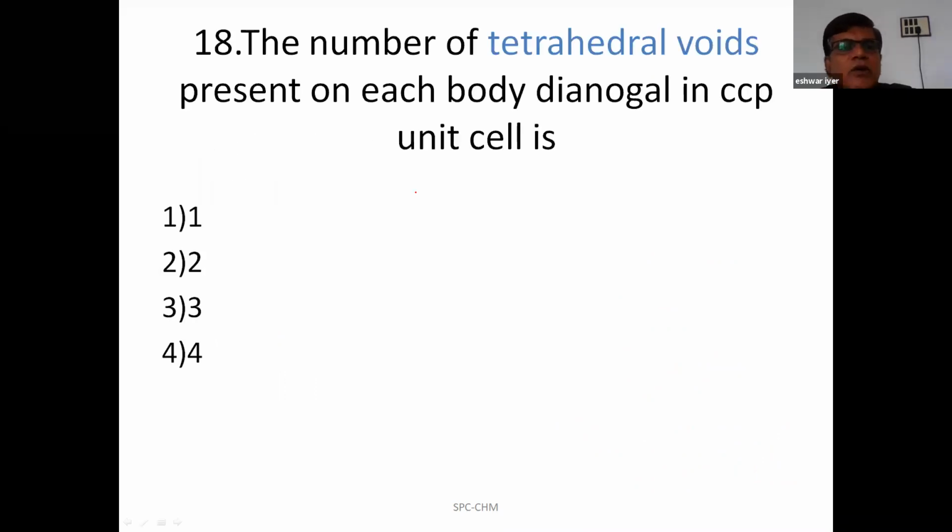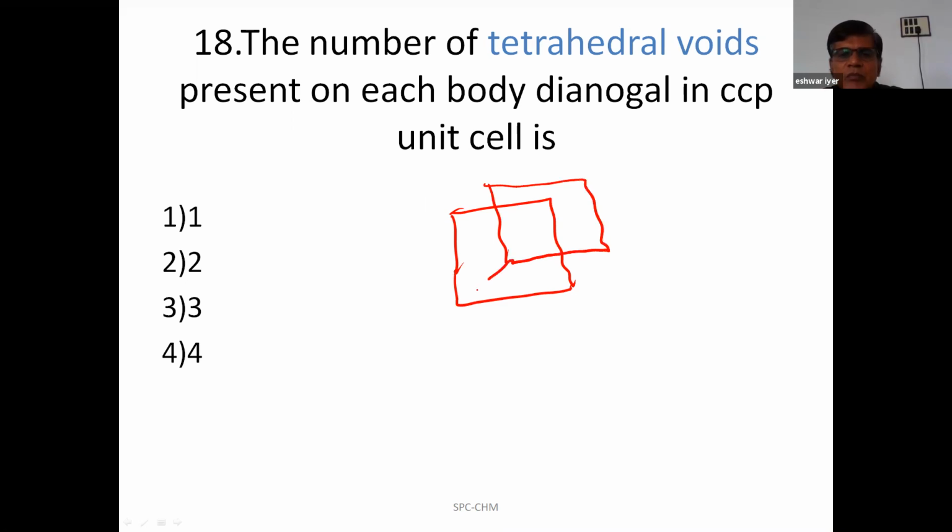The number of tetrahedral voids present on each body diagonal in a CCP unit cell. So again, you require a clue, that is a diagram. So I'll write a cube for you. Write it in your book as well. Mark the body diagonal. How many body diagonals can you draw here?